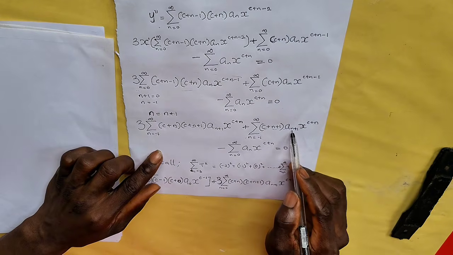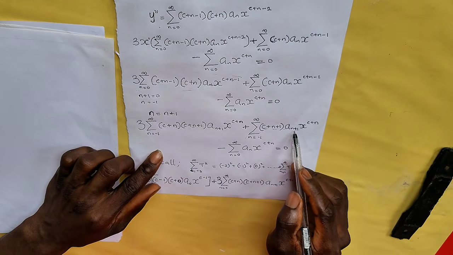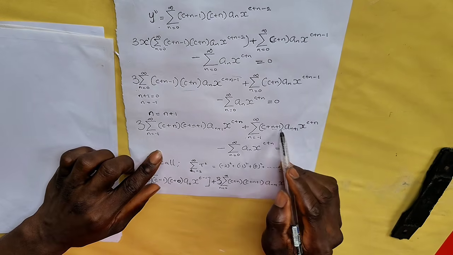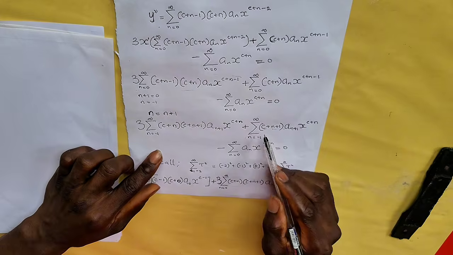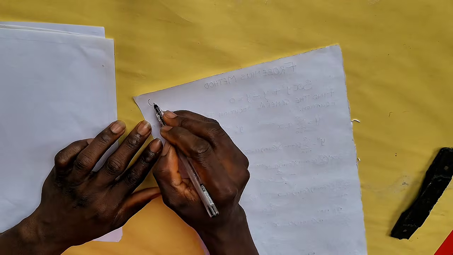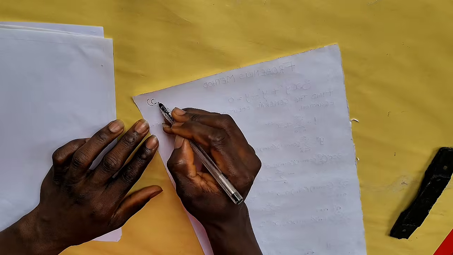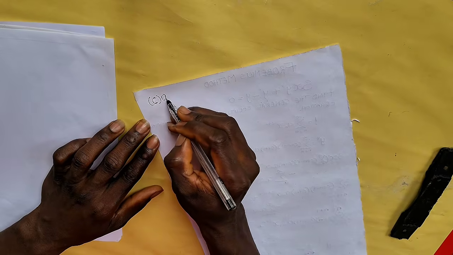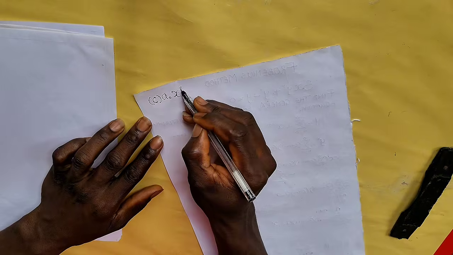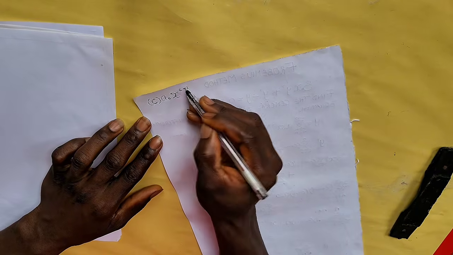And when I put n equals to minus 1 here, what am I going to have? I'm going to have minus 1 plus 1, which is 0. So I'm going to have a naught c, right? Or c a naught, any one you want to call it. So I'm going to have here c in the bracket. I'm going to have a naught followed. Then I'm going to have x raised to power c minus 1, right?